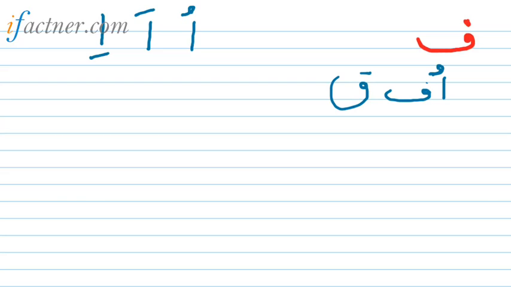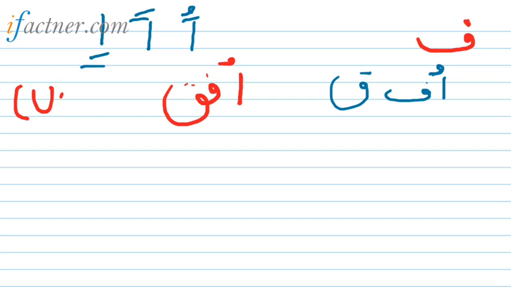So these are the short vowels which make the pronunciation of the word. So now there is a pesh on alif, and we write it like this: alif pesh fe kaf, ufak. Ufak means skies or sky.